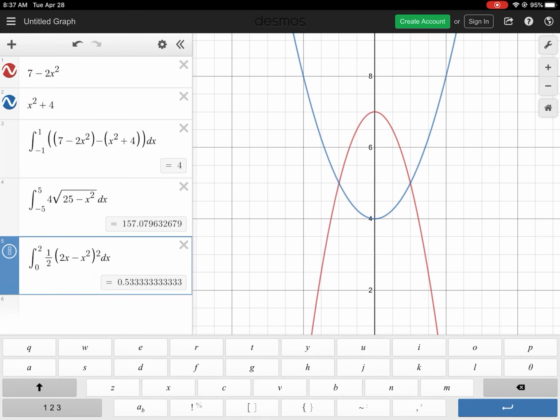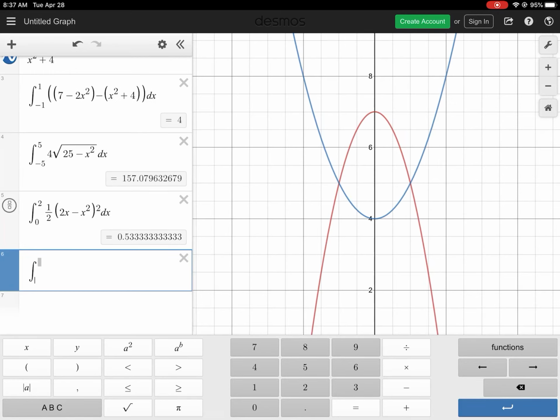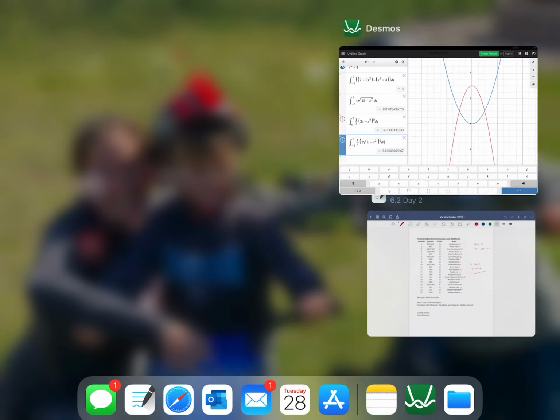Okay, that's the setup. The answer is 0.67.